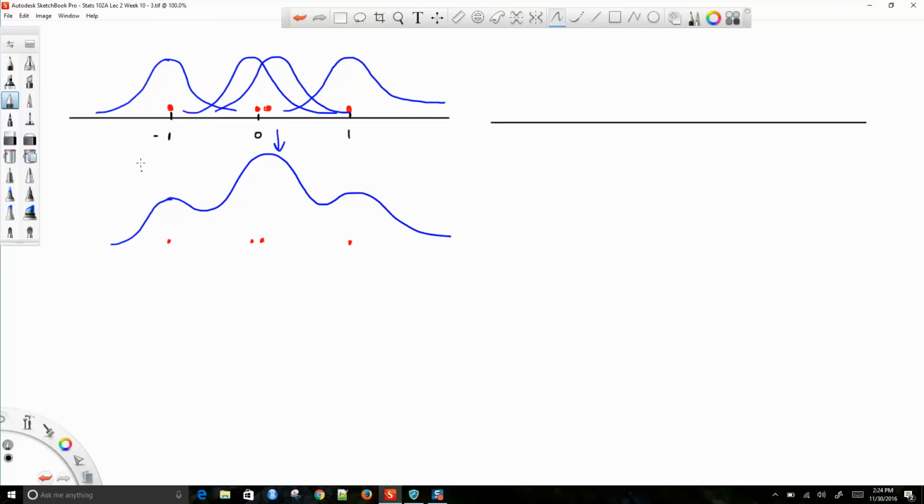So here I've got -1, 0, and 1 again. Got data points here, 2 right there, and 1 right there. Instead of having these sharp points, what if I have these lazy curves that have a great amount of width?